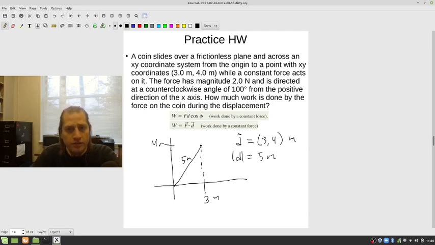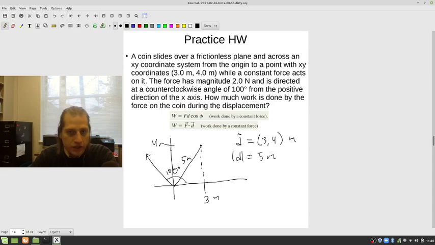The force has a magnitude of 2 newtons and is directed at a counterclockwise angle of 100 degrees. So this angle is 100 degrees from the x-axis. And it asks how much work is done by the force on the coin during the displacement?